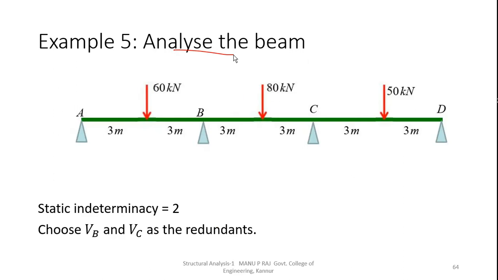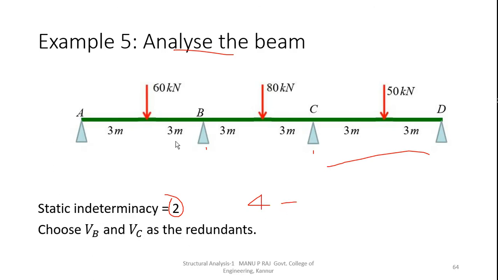Now analyze the beam using the consistent deformation method. Supports are at A, B, C, D. Here static indeterminacy is 2. We have 4 reactions, so R is 4.